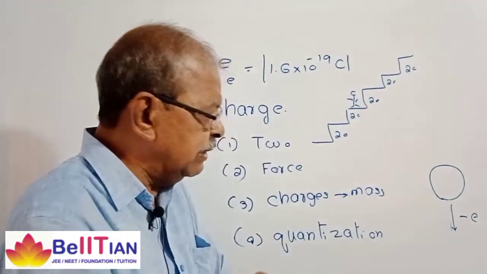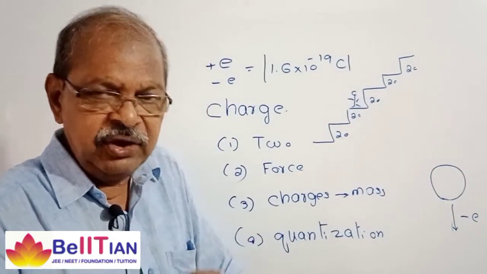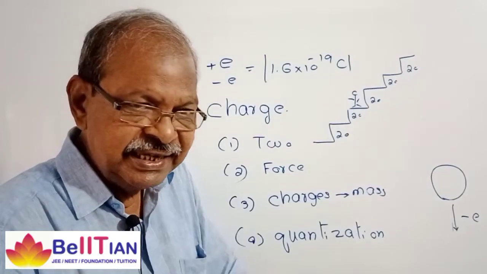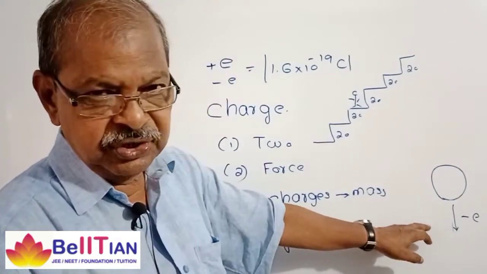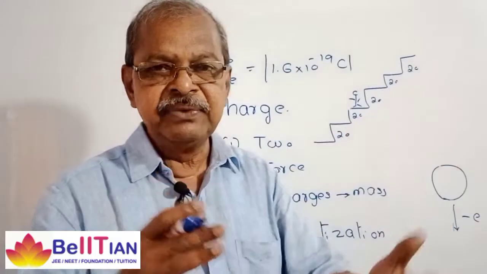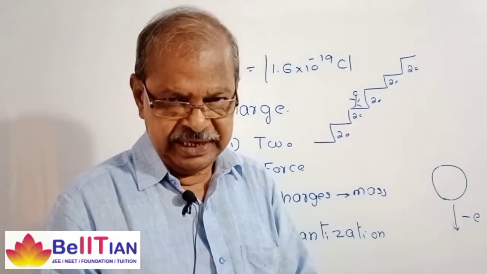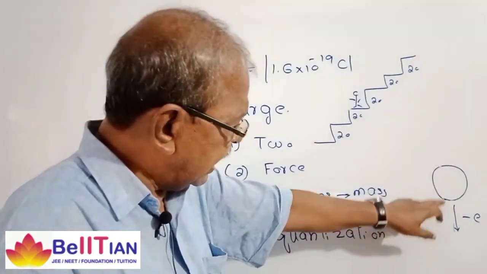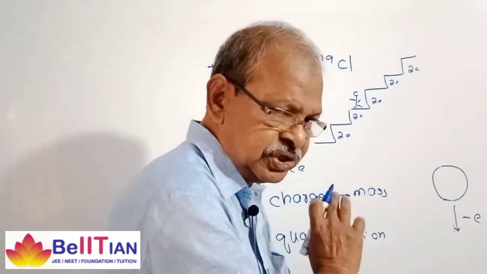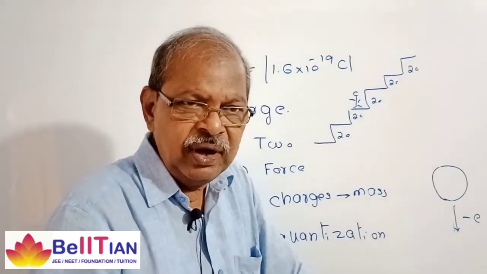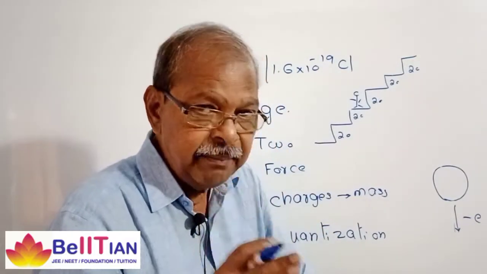So charging a body either positively or negatively is done using electrons. When you add electrons, the body becomes negatively charged. When you remove electrons, the body becomes positively charged. When I add or remove electrons, I can add only an integral number of electrons.